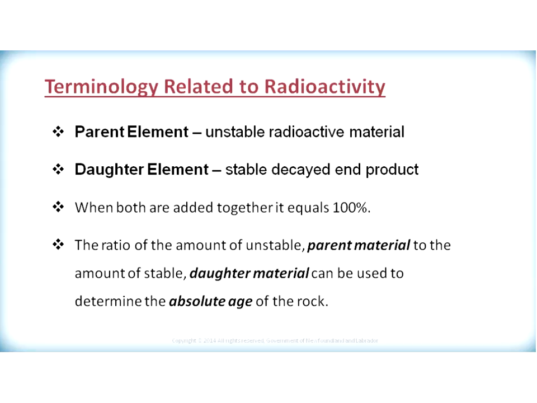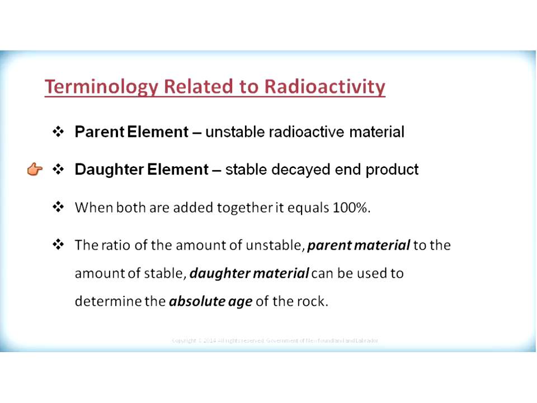Some other common terminology related to radioactivity includes parent elements. The parent element is the unstable radioactive material. When the unstable radioactive parent material breaks down, it will form a stable decay product called the daughter material.